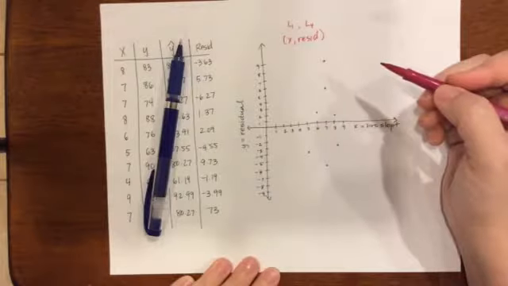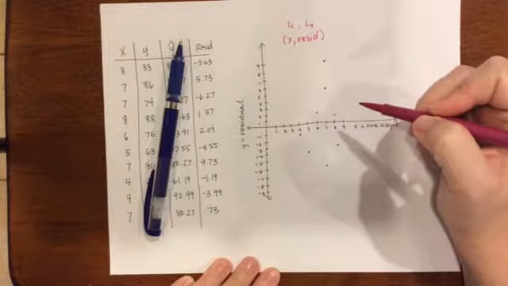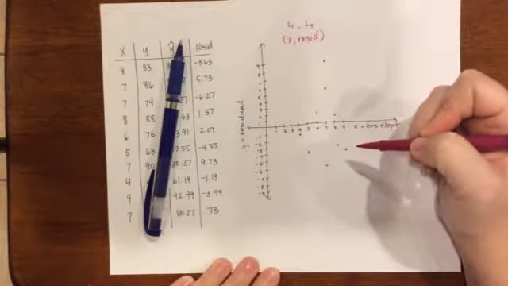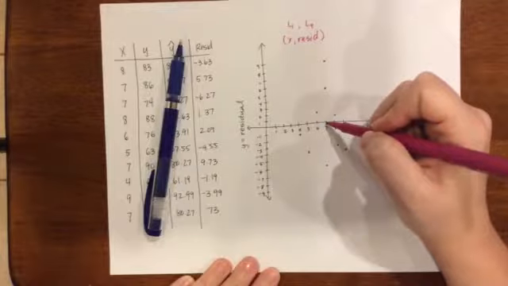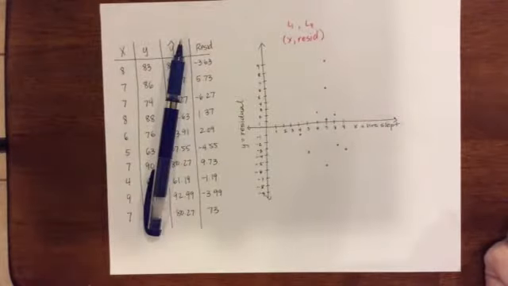This is a really rough sketch, sorry, guys. 4, negative 1. 9, negative 3.99. And 7.73. All right. So there is my residual plot.